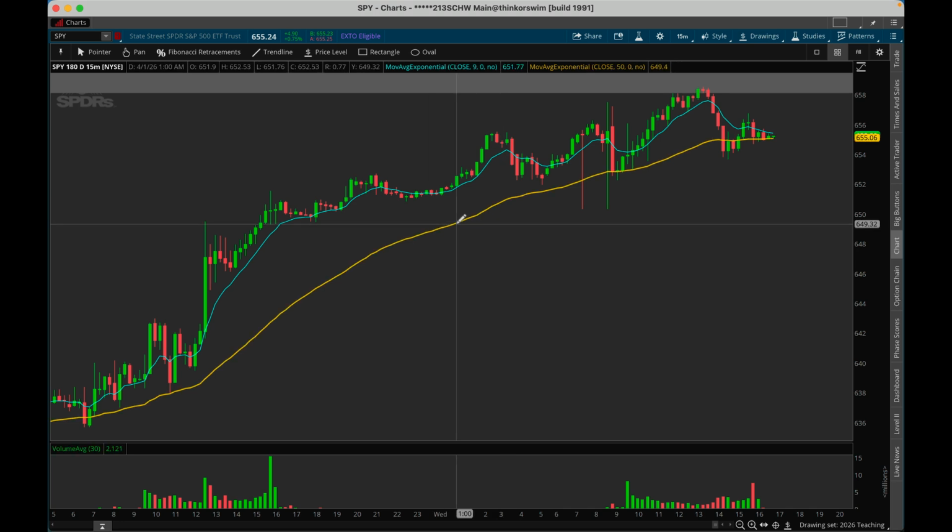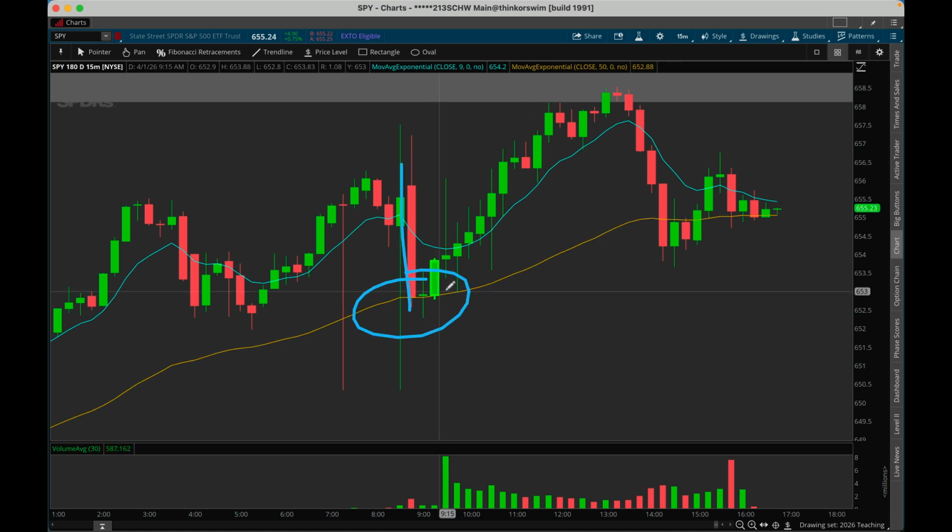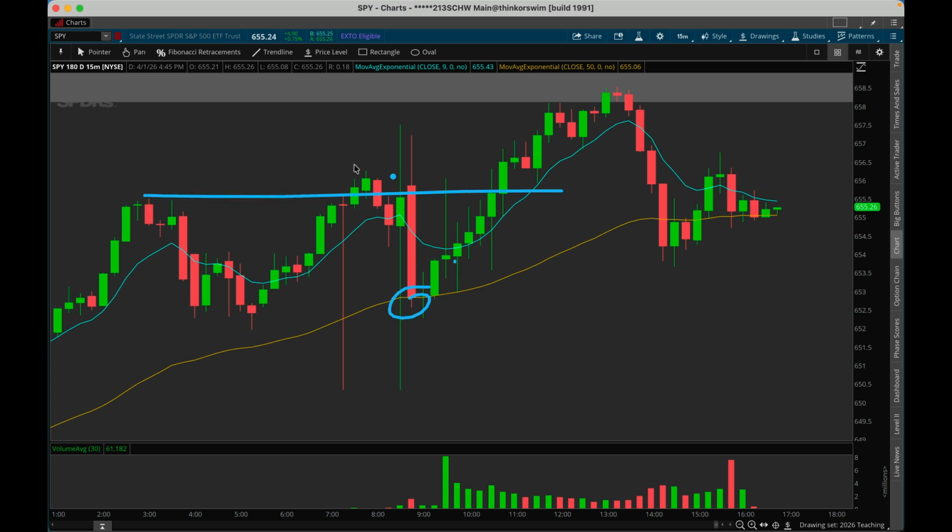We're gonna just zoom in to Wednesday 15-minute chart and notice how the price got to that 50 EMA. This is market open, so 9:30 is this candle right there. And as soon as the market opened, if you understood, we just bounced off of this 50 EMA during our trend. We also have a range break from this previous situation, which is another bullish sign.